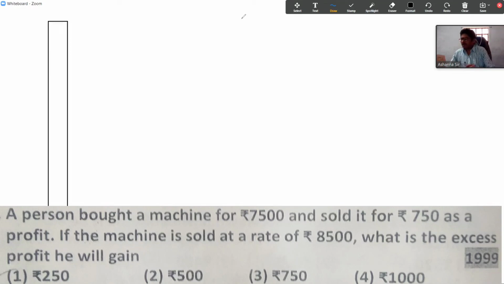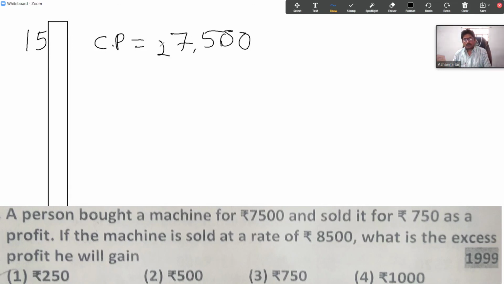Question number 15. A person bought a machine for 7,500. Bought, cost price 7,500. Sold it for 750.